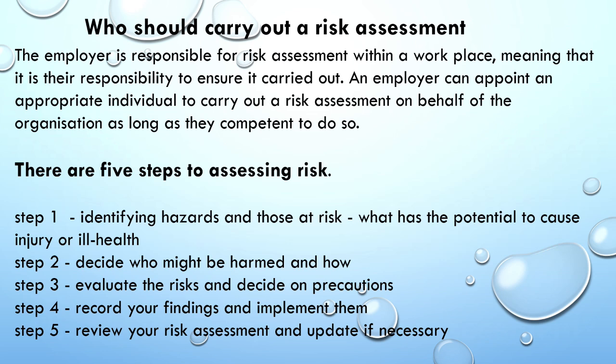Now, what are the 5 steps to assessing risk? Step 1, identifying hazards and those at risk. What is the potential to cause injury or ill health? Step 2, we've got to decide who might be harmed and how.